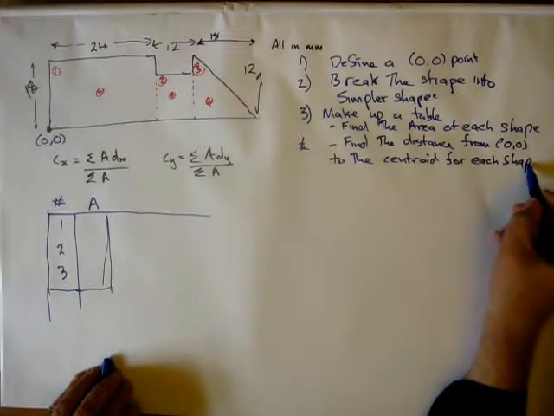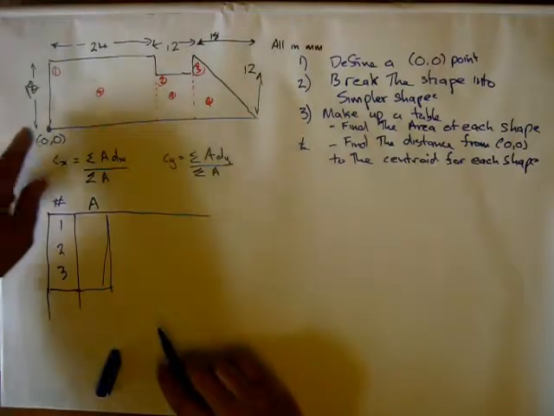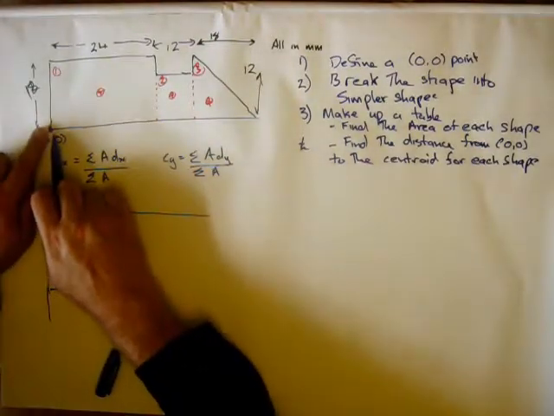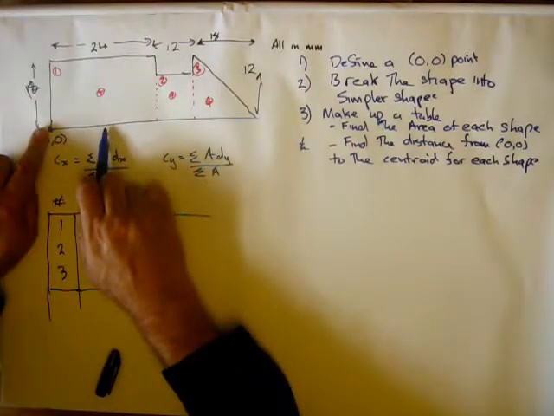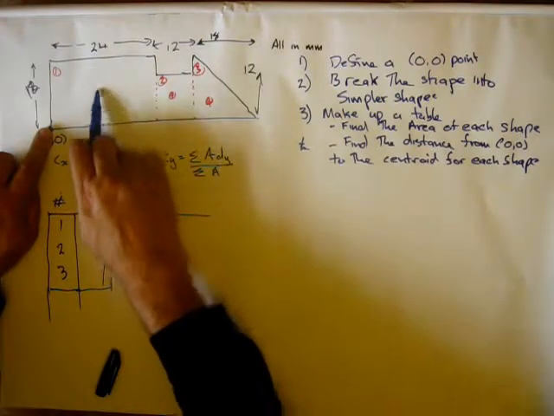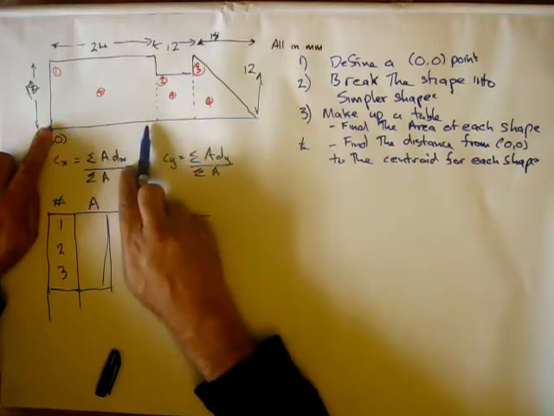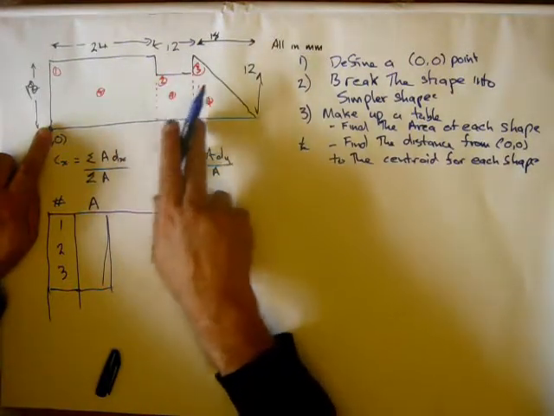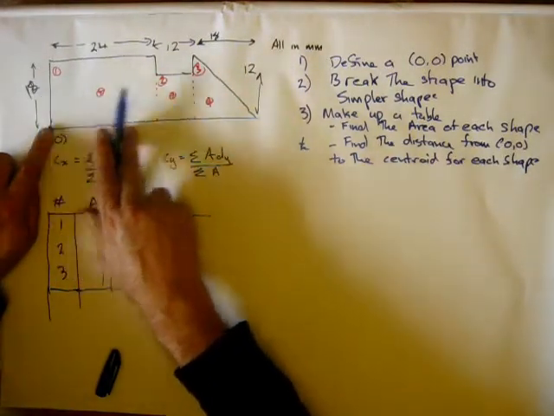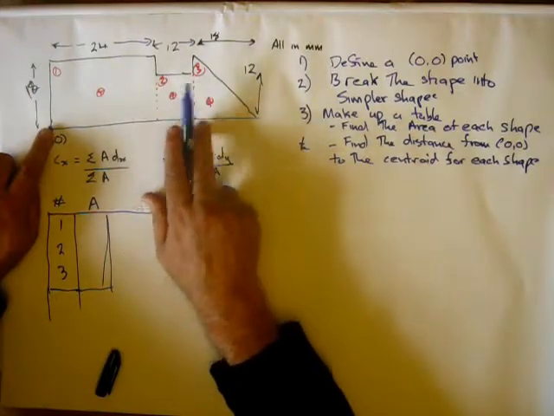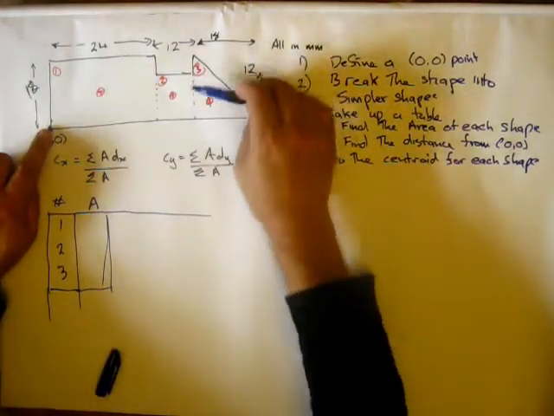So what we can do here is distance 1 is going to be in the X dimension. Distance X is going to be from there to there. That's the centroid of shape 1. The centroid of shape 2 is here, so we'd add on that, then that. Centroid of shape 3 is there, so we go from there plus there to there. And then we'll do the same thing going up.